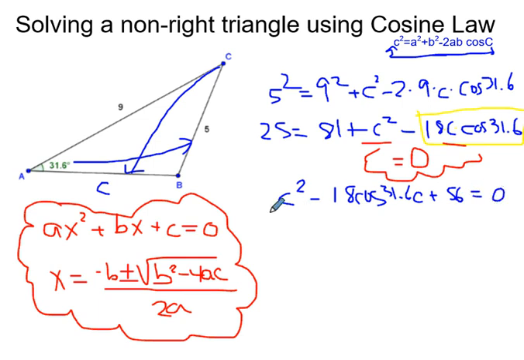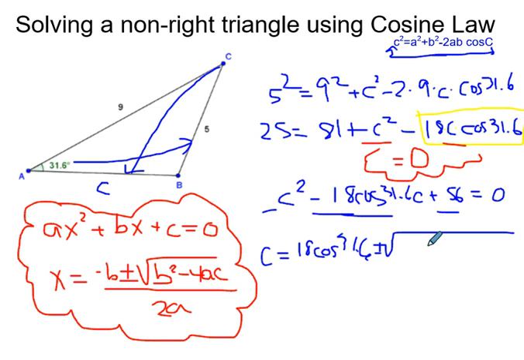So now you have your A, B, C, and you have to find your C. You can write C is equal to minus B, which is 18 cosine 31.6, plus or minus the square root of B squared.